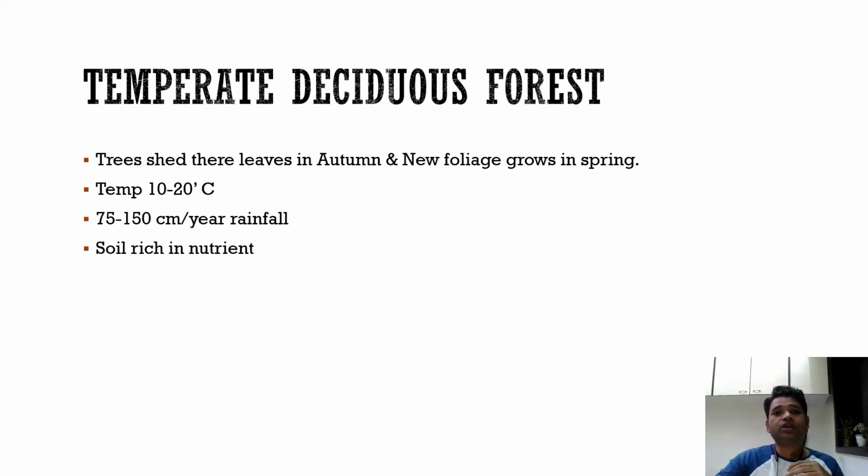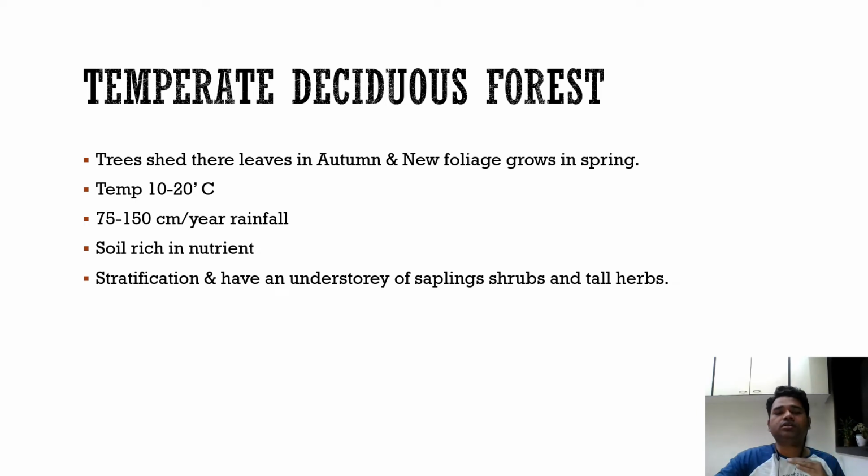Because of the deposition of all the leaves during the shedding, the forest floor is highly rich in nutrients, and that supports the growth of different shrubs, trees, small grasses, and other vegetation as well.